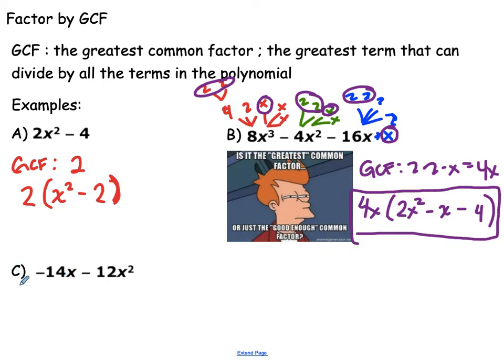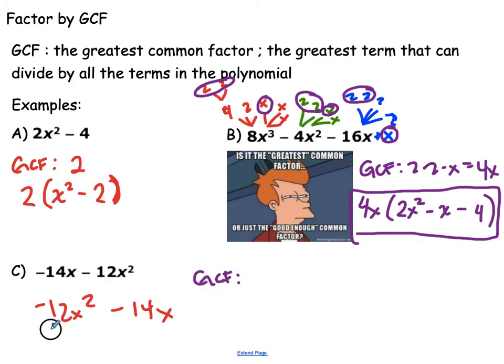All right, let's take a look at letter C. So letter C is not written in standard form, and you'd like it to be written in standard form. So rewrite this as -12x squared and a -14x. Okay, and again, at this point, if it helps you, use your factor tree. If not, you can use mental math, right?